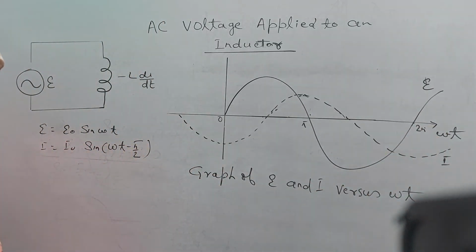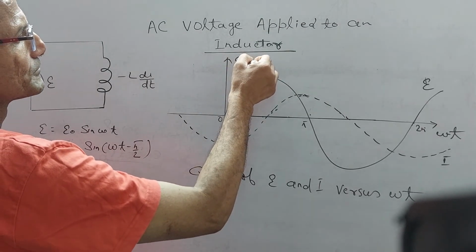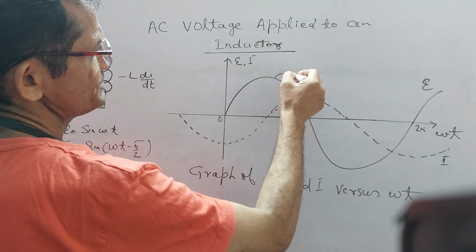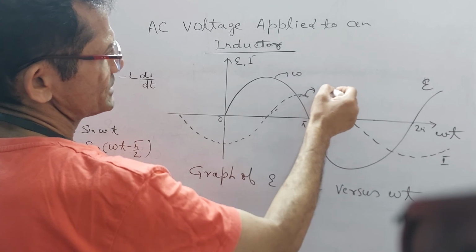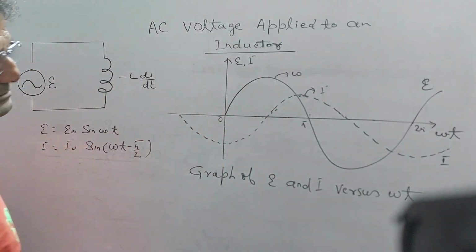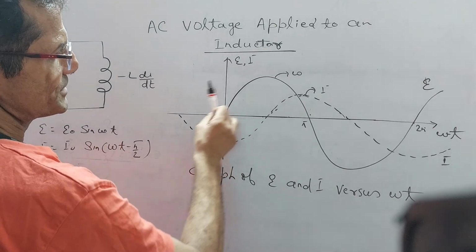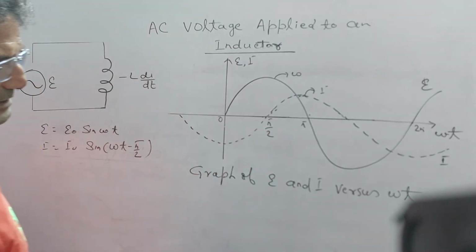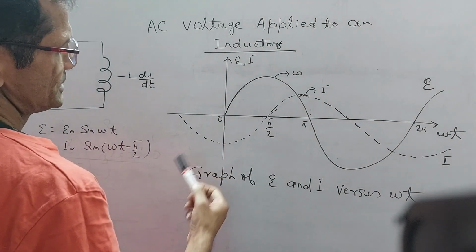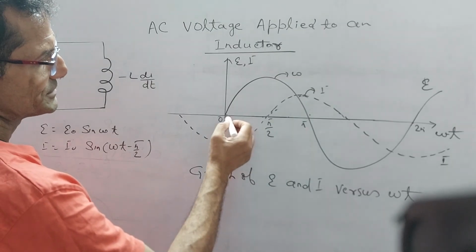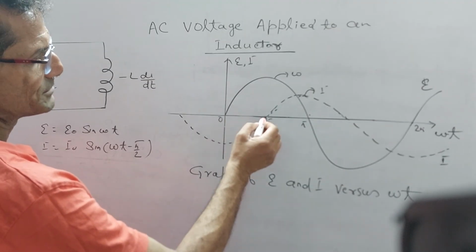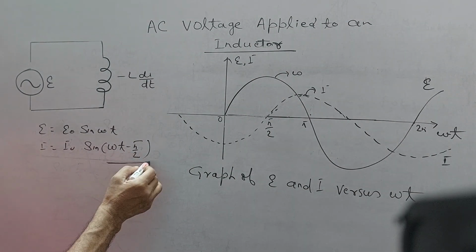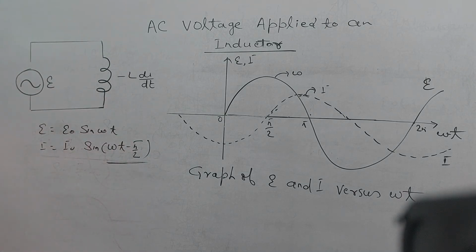The voltage crosses the origin in the positive half first, by an angle of 90 degrees, this is pi by 2, earlier than the current crosses the origin in the right half after an angle of pi by 2. So the phase angle is omega t minus pi by 2.